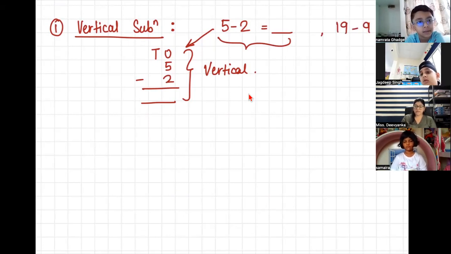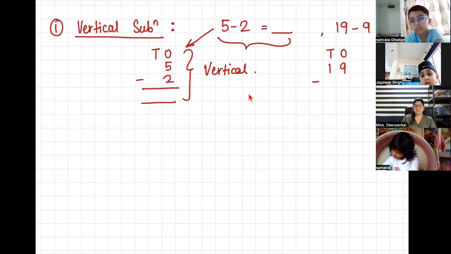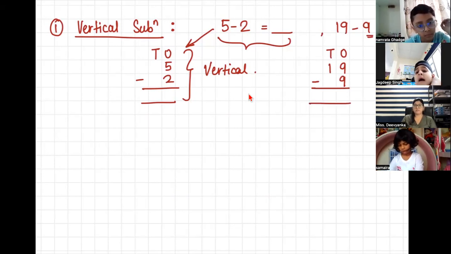So how do you arrange 19 minus 9 vertically? First you write tens and ones. Then, since 19 is a 2-digit number, you write 1 tens, 9 ones, 19. And minus 9, this 9 is a single digit number, hence you write it under ones. And then you put the dashes to find out the answer. Is it clear? Vertical method of arranging for subtraction.